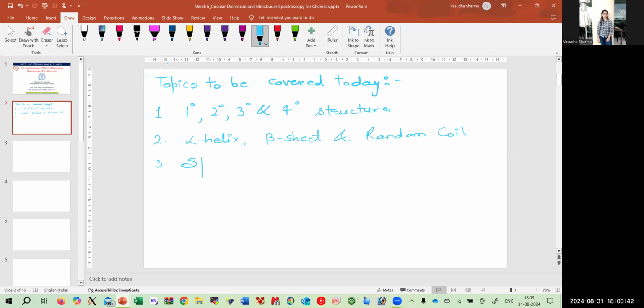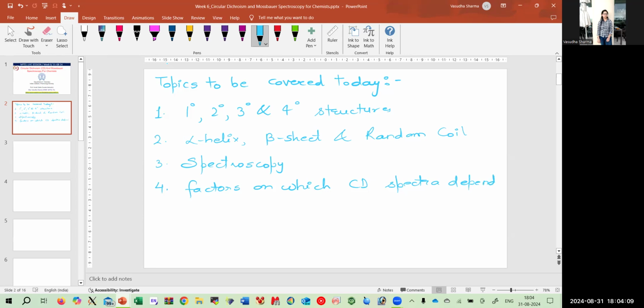Then certain spectroscopy which can be used to identify the structures of these three different forms of proteins. And lastly, the factors on which CD spectra for these secondary structures would vary.